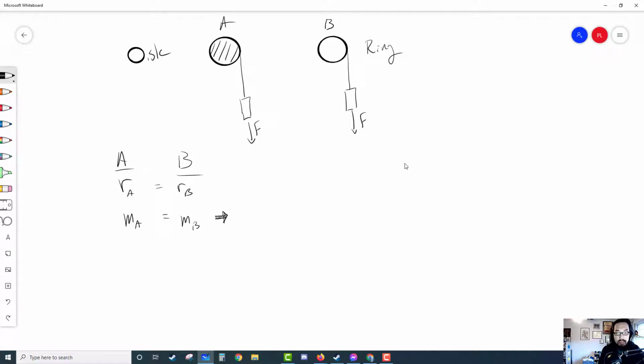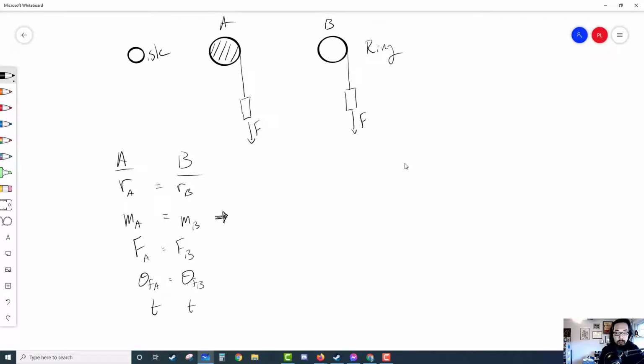We know that the force for A and B that is being exerted, so both of these spring scales, are equal. What the problem is looking for is, we know that they both will make one full rotation, so theta final for A is equal to theta final for B. But the question is asking, what about the time?